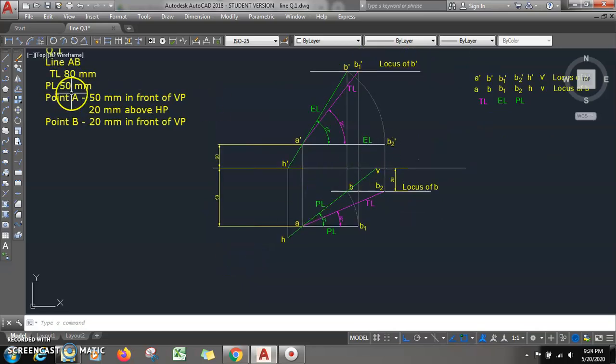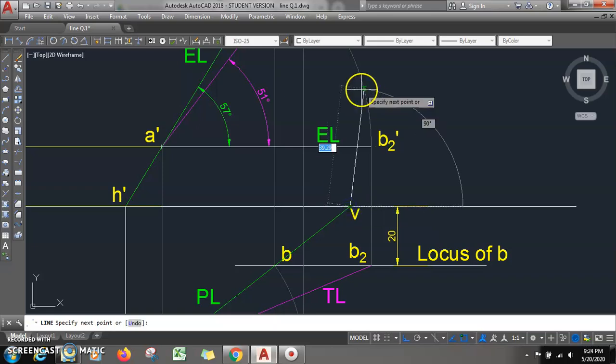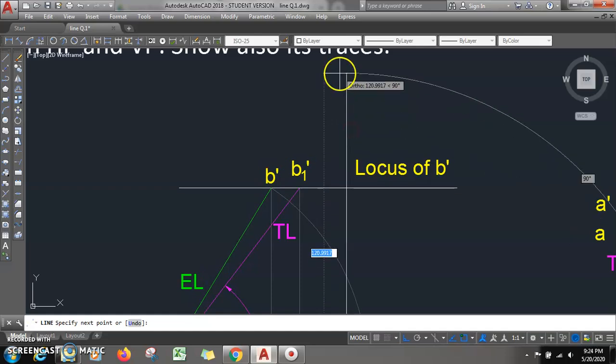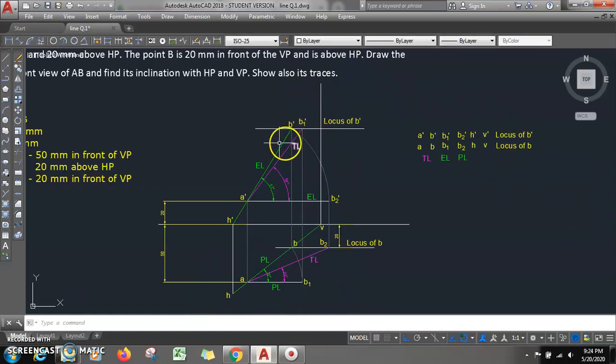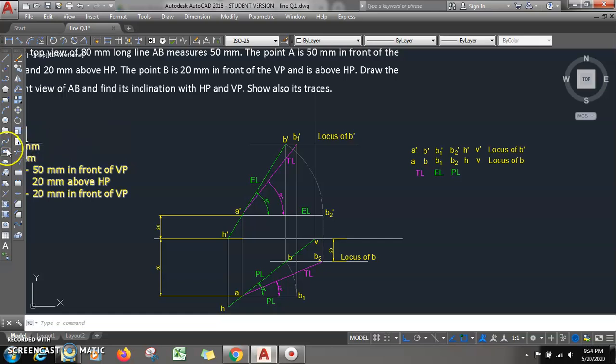In a similar way, from point V, you need to draw a vertical line. Now on the opposite extension, meaning the extension of a dash b dash, extend up to this line.